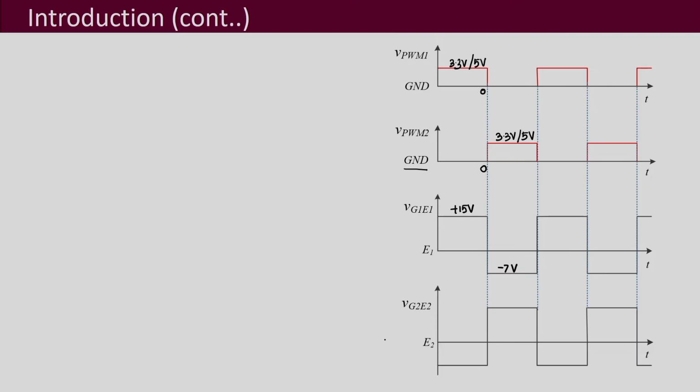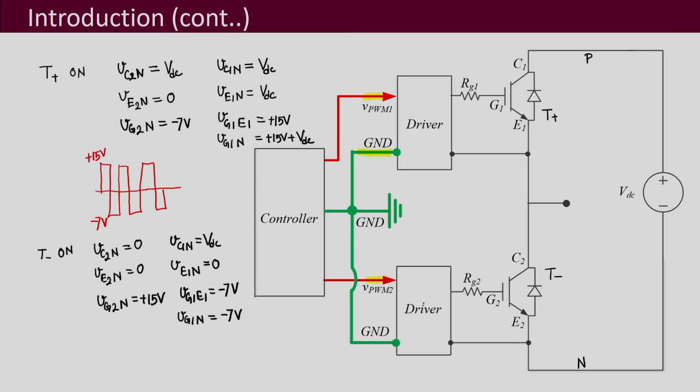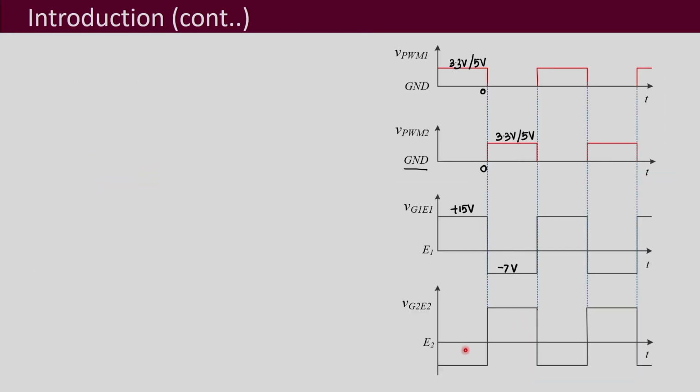And similarly, for VG2E2 as well, what we observe is that this will also be plus 15 and minus 7 with respect to E2. So, this is going to be your plus 15 volt and this is going to be your minus 7 volt.